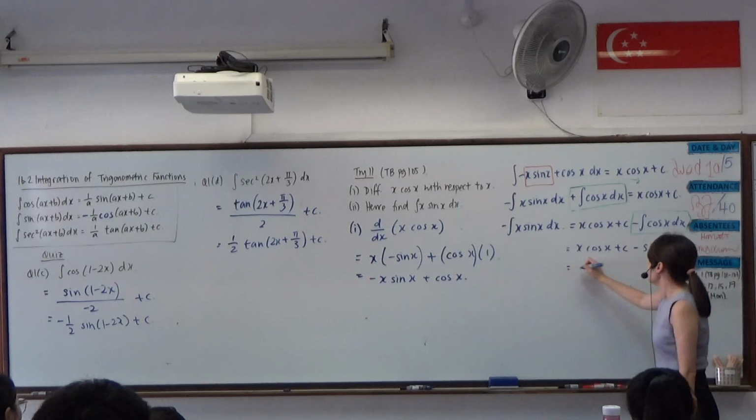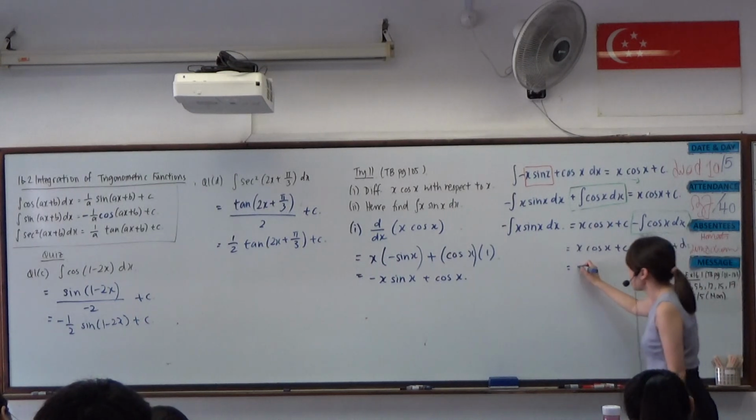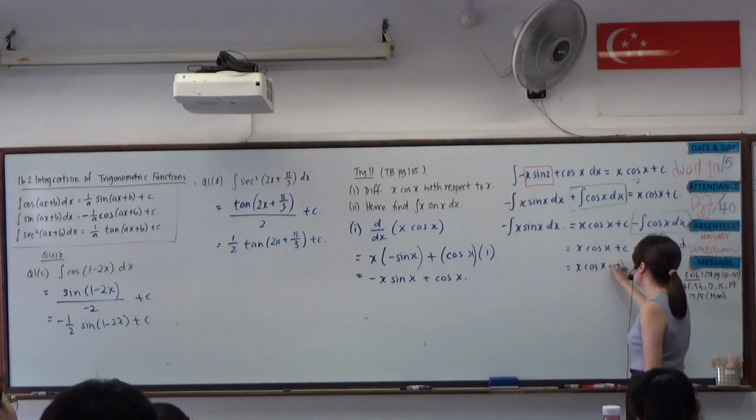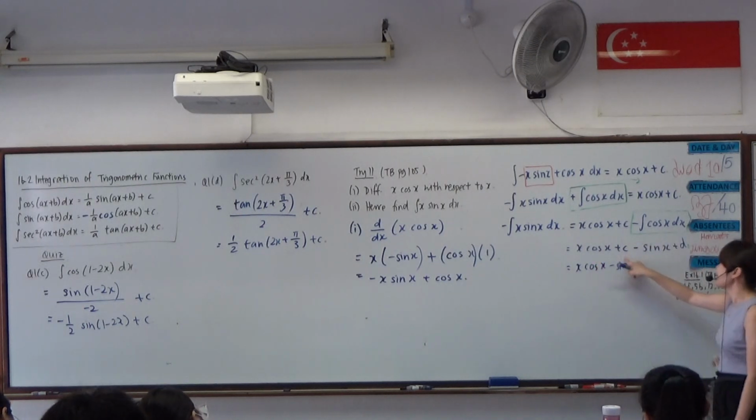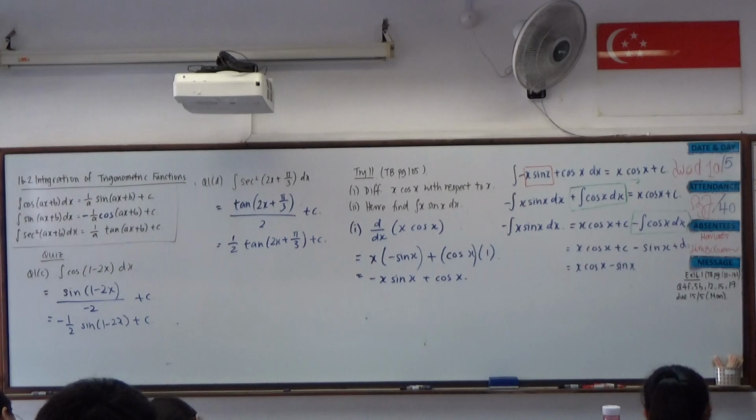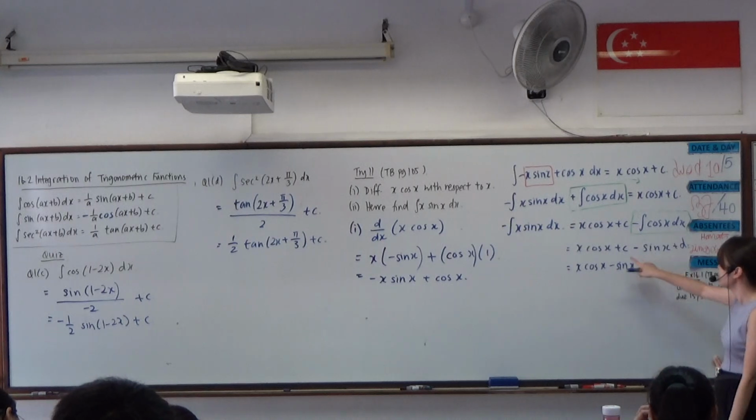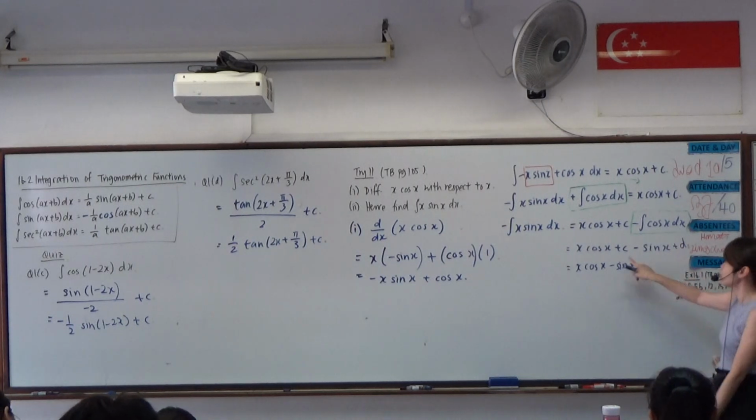If you want to tidy things up, you can write it as x cosine x minus sine x plus c plus d. We cannot say that c plus d becomes e. We know that it doesn't make sense. It's not like a plus b becomes c. We don't have such an operation. But we just find another constant to replace.